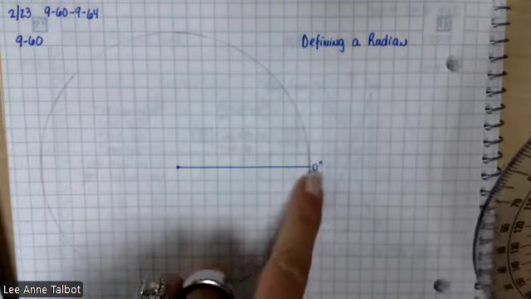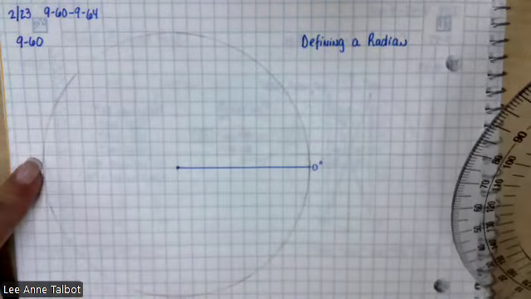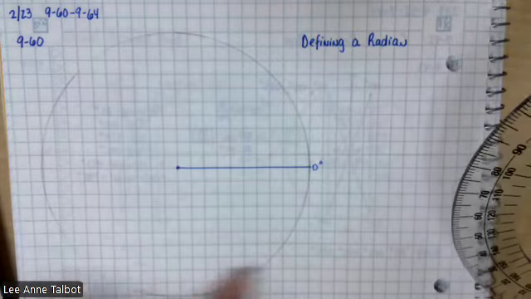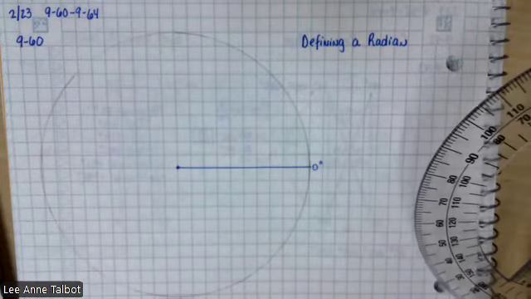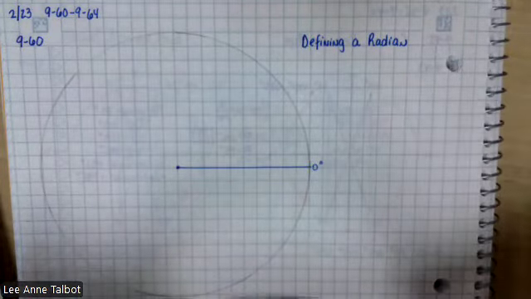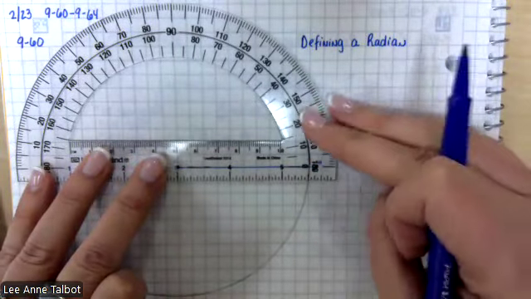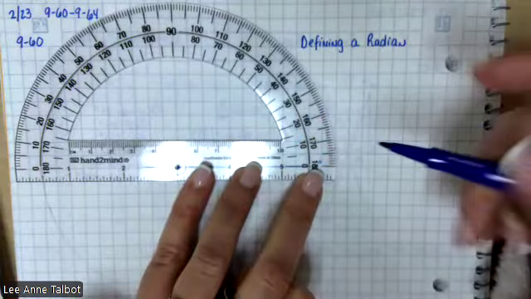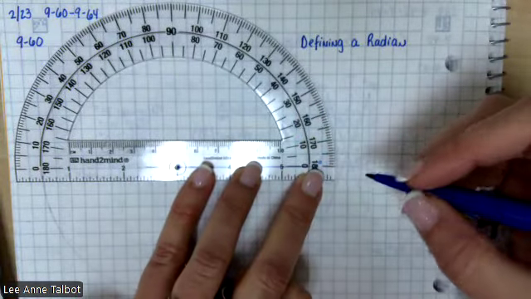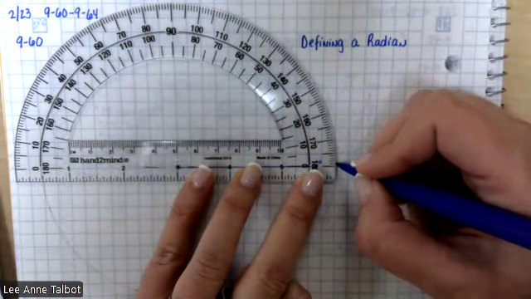Does everybody understand that halfway around the circle is 180 degrees and all the way around is 360? What I'm going to do first, and you don't need to do this the same as me, is picture where 1 degree is.